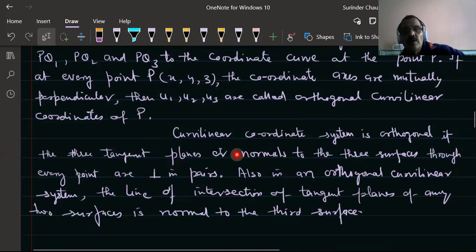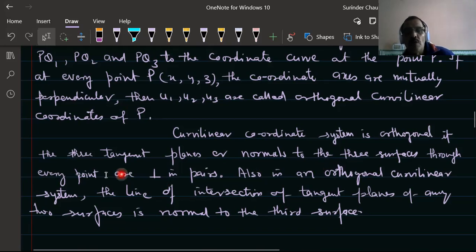The curvilinear coordinate system is orthogonal if the three tangent lines to the curves and the normals to the three surfaces through every point are perpendicular.